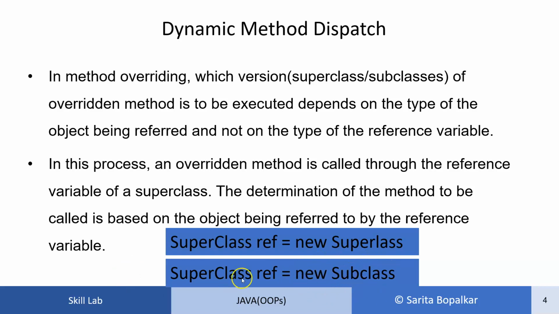Here the reference is a superclass reference, but the object is a subclass object, so the overridden method in the subclass gets executed. And in this case, the reference variable is a superclass reference and the object is a superclass object, so the superclass overridden method gets executed.